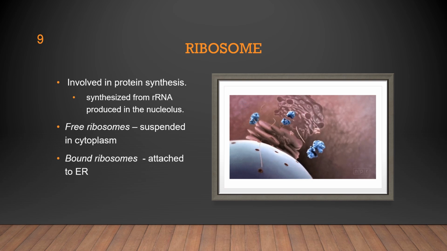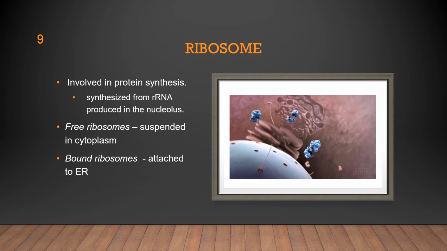Next, we have ribosomes, which are just protein factories, basically. They are responsible for manufacturing the proteins and copying your genetic code when it is time for the cell to split. There are either free ribosomes that are just floating around the cytoplasm with the lysosome and the Golgi and the mitochondria, or there are bound ribosomes attached to the endoplasmic reticulum.